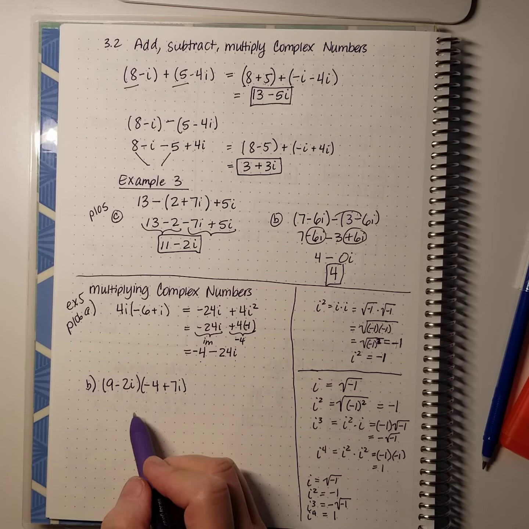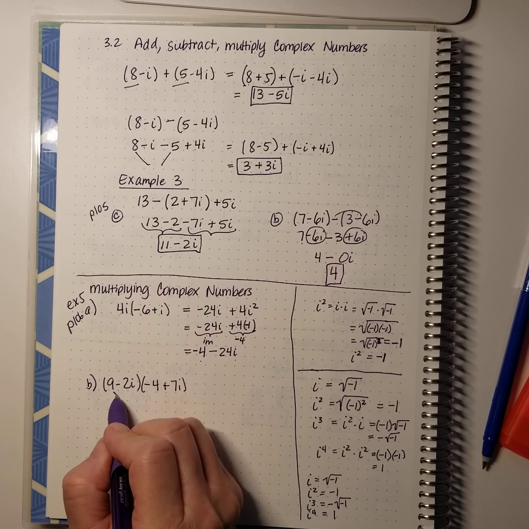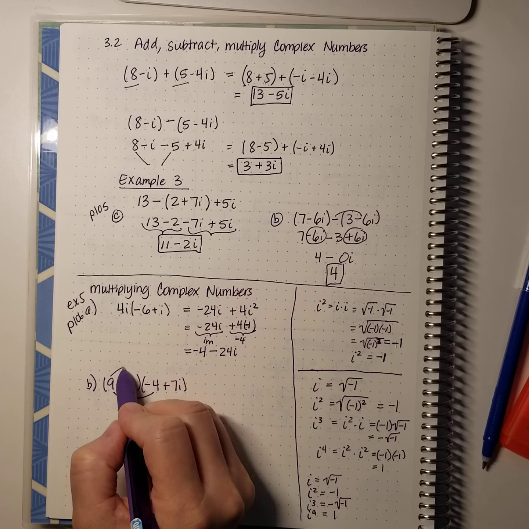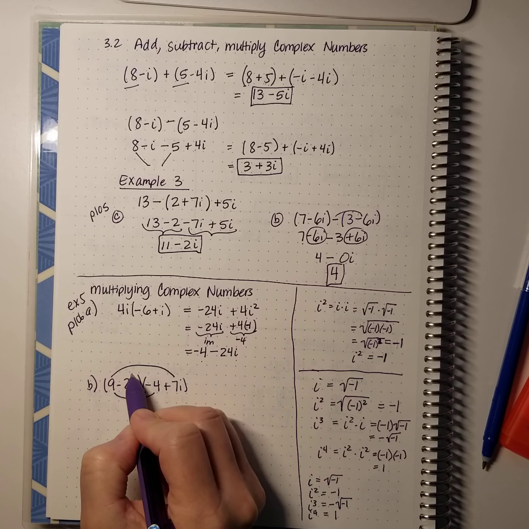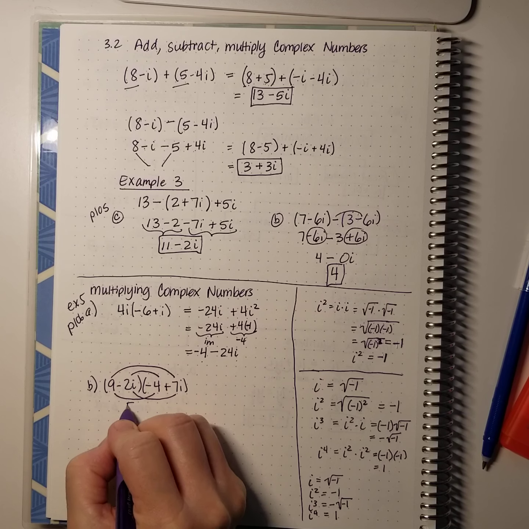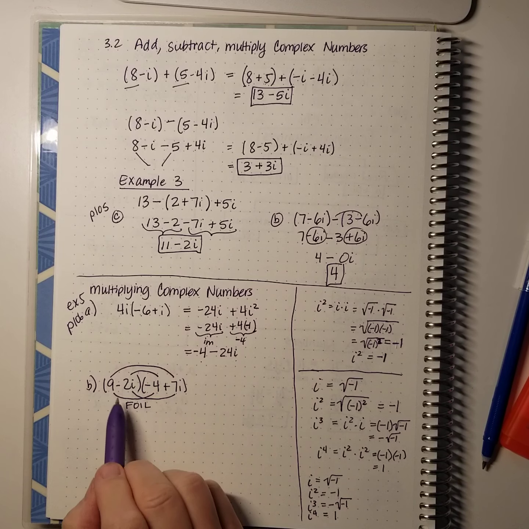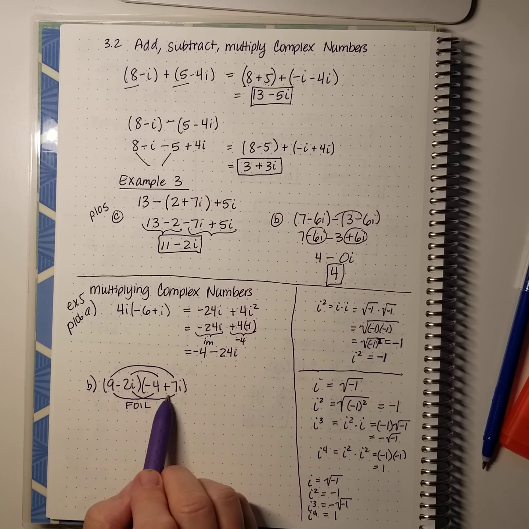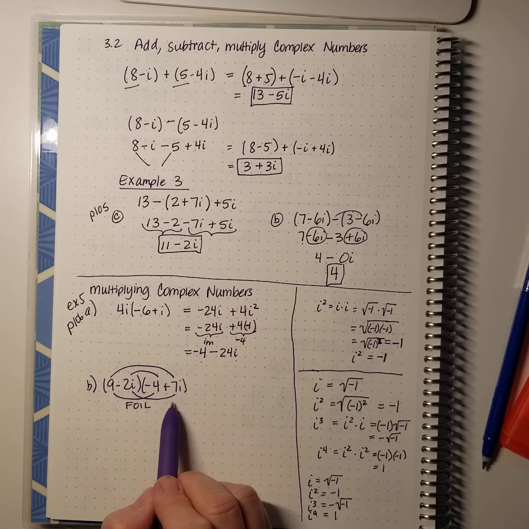This is going to be one of those situations where we're going to multiply first times first, outer times outer, inner times inner, and last times last. If you ever learned FOIL, we're just going to do that with these numbers. If you learned to multiply binomials a different way, you can use a different method.